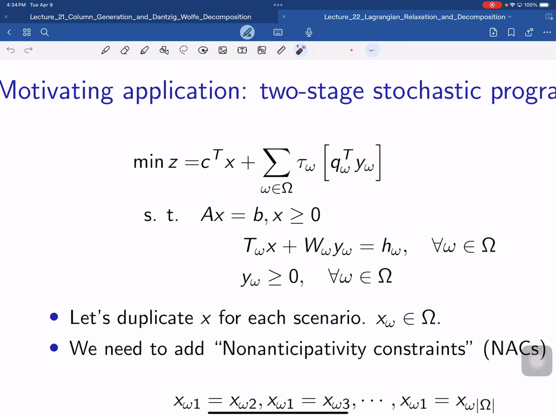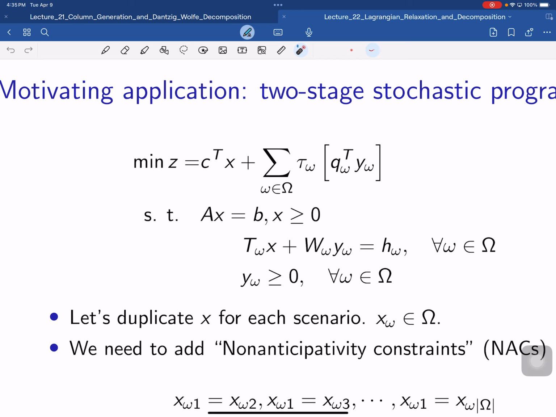In the newsvendor problem, the first stage decisions are the number of newspapers the newsvendor buys from the publisher. The second stage decisions depend on the customer demand in each scenario: how many newspapers you are able to sell and how many you are going to return to the publisher.